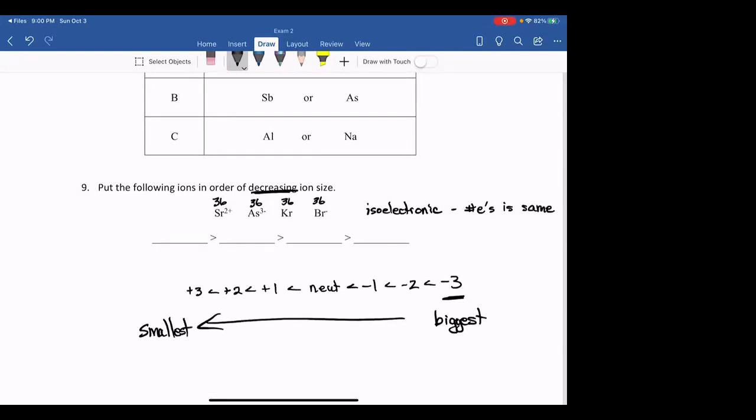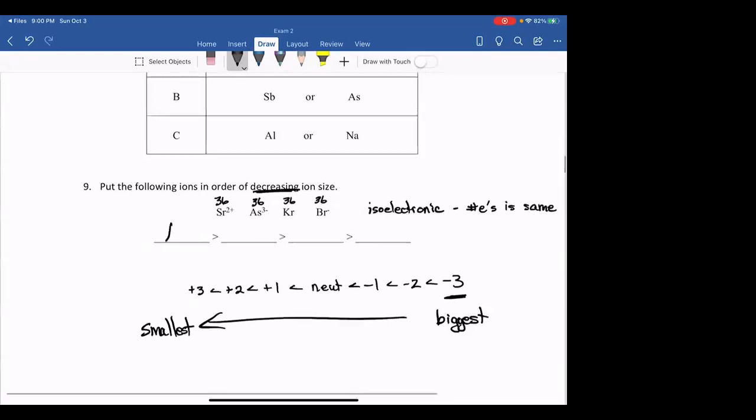The biggest, in this case, would have been As3-, followed by Br-, followed by krypton, followed by strontium 2+. Did that answer your question, Mohammed?